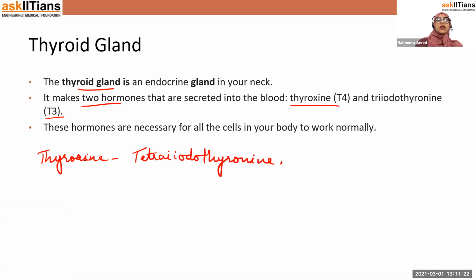Tetraiodothyronine means it has four iodine atoms, and triiodothyronine means it has three iodine atoms. Iodine is very important for the synthesis of thyroid hormones.